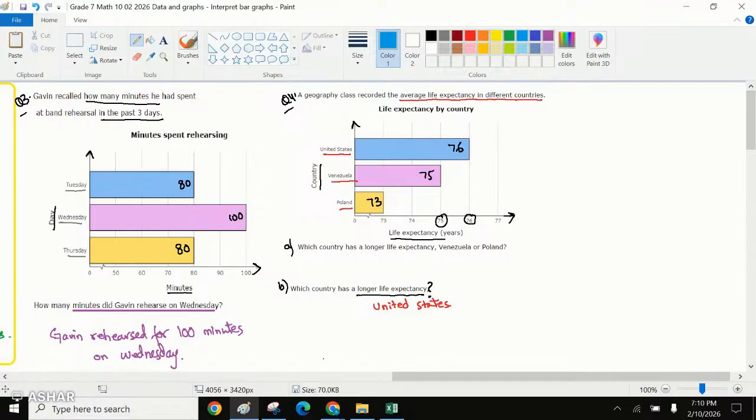But in the first part of the question, between Venezuela or Poland, they skipped one option and they are asking us to choose between the two options only. So we can see that Venezuela has a greater expectancy, right? So depending on the question, depending on the requirement, we find the answer. Just a change in statement would give a different answer.